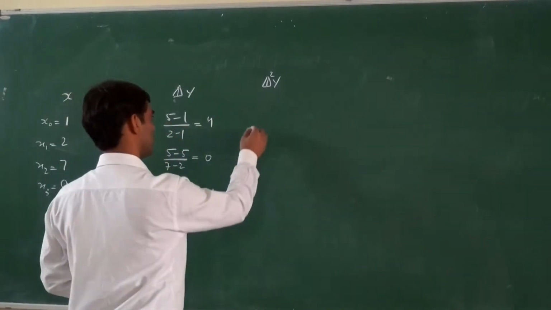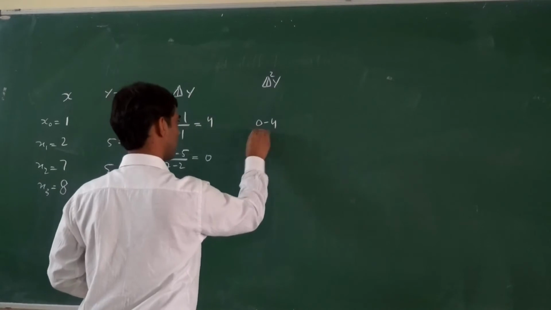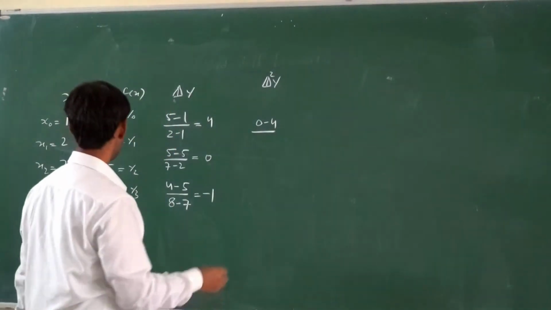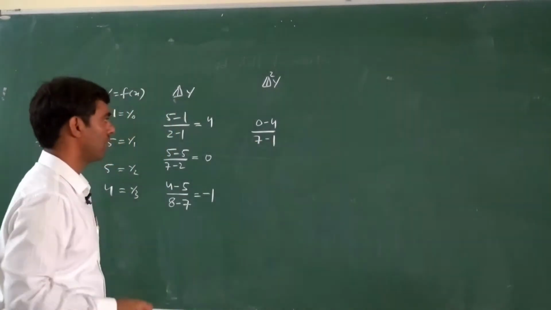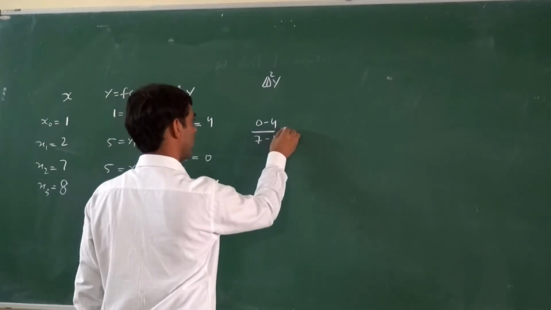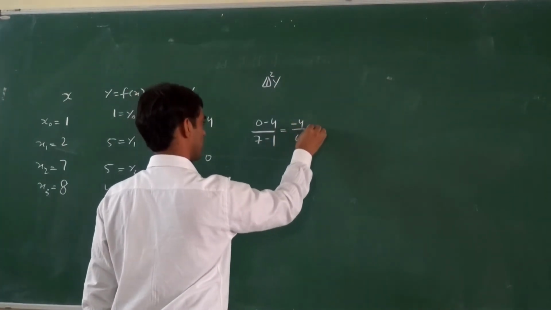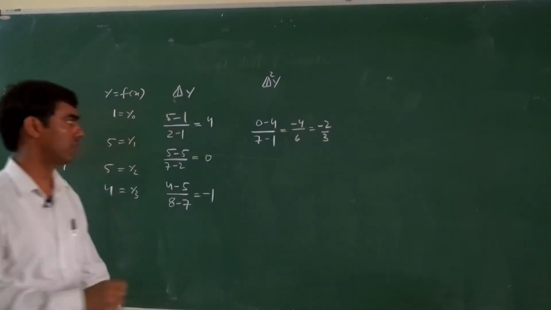This minus this one: 0 minus 4, divided by 7 minus 1. 7 minus 1 is 6, and the value for this one is minus 4 by 6, which is minus 2 by 3.